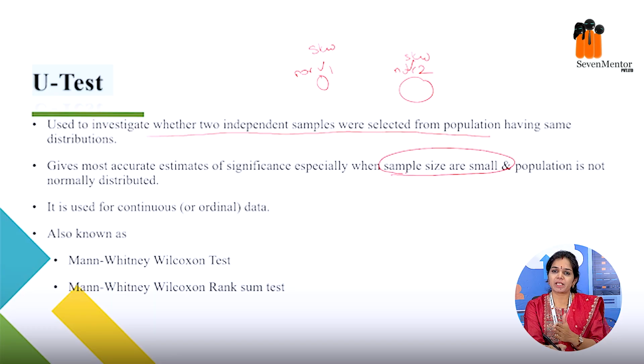It is used for continuous or ordinal data. Excellent, poor, average, wherever these are in the data set, there the U-test can be applied.